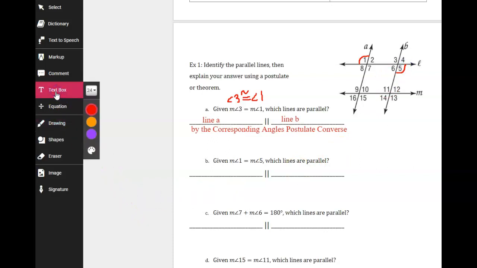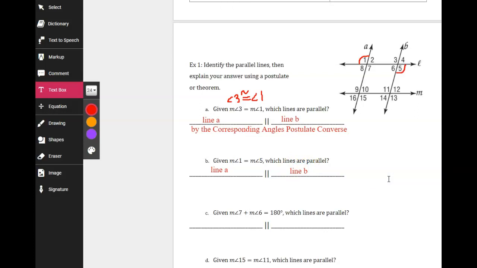So again, look at the lines that are being used to create those angles. We have line L, and then we have lines A and B that are going through line L. So L must be the transversal, and lines A and B must be parallel to each other. Line A, line B. So let's talk about why.